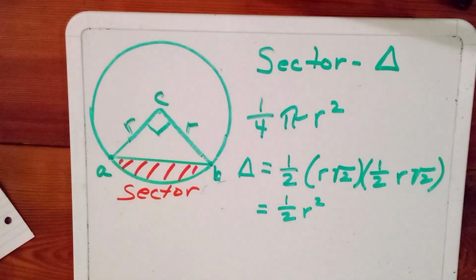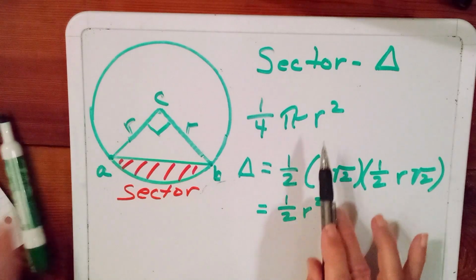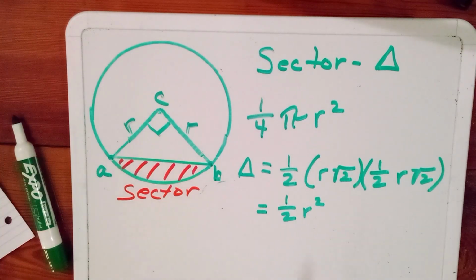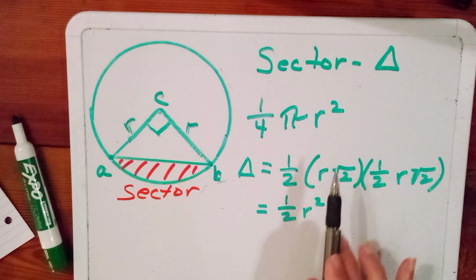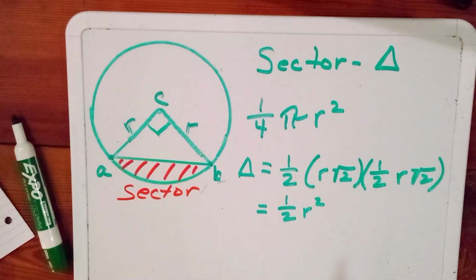So looking at the calculation for the sector, 90 over 360 reduces to 1/4 times pi times r squared. So that is our area of the sector. The area of the triangle, referring back to the earlier part of the video, again, the formula is 1/2 base times height. And it's 1/2, we calculated the base as r times the square root of 2.